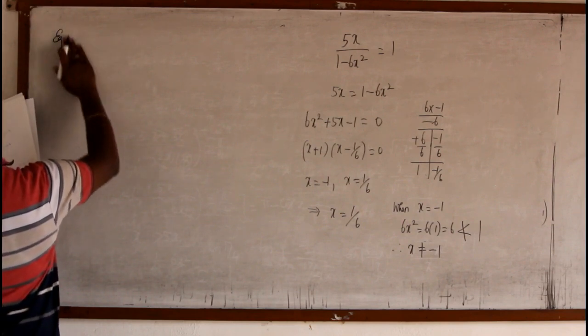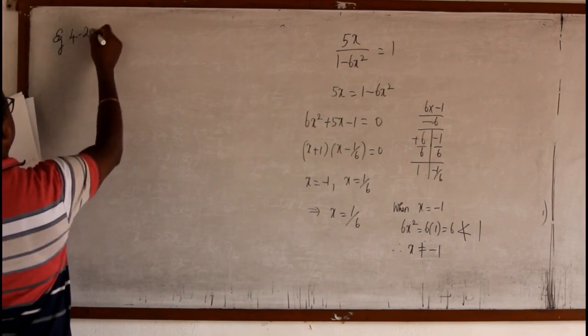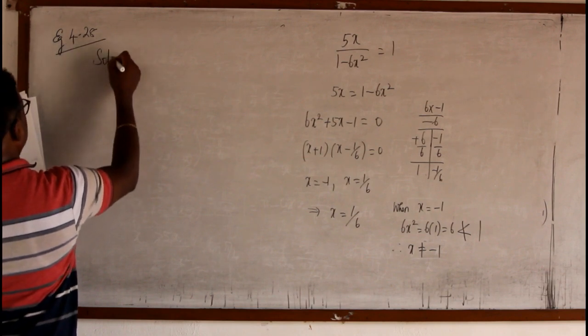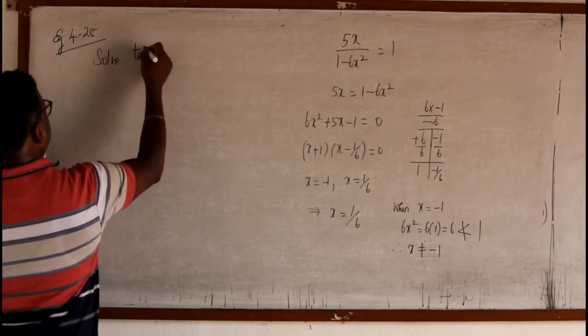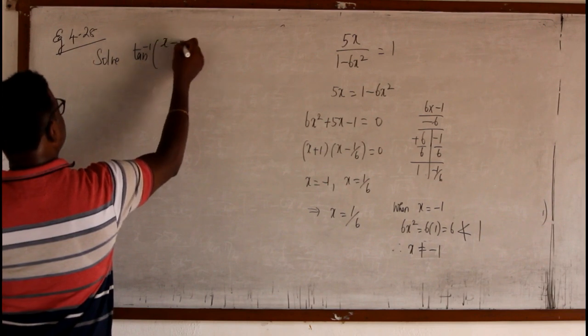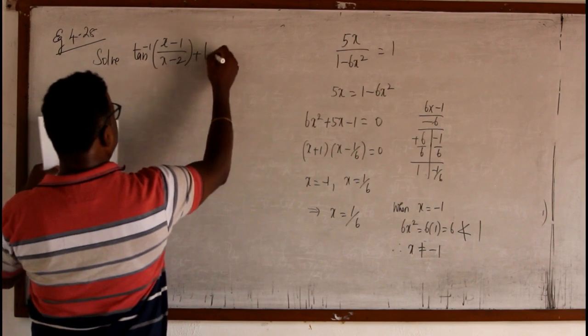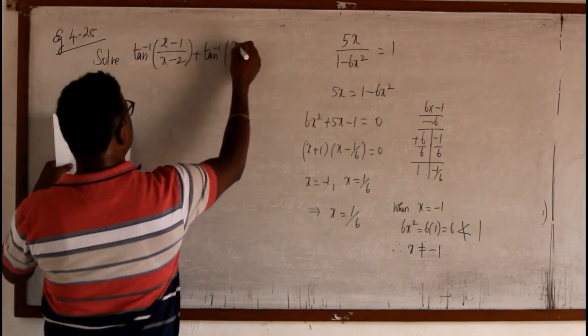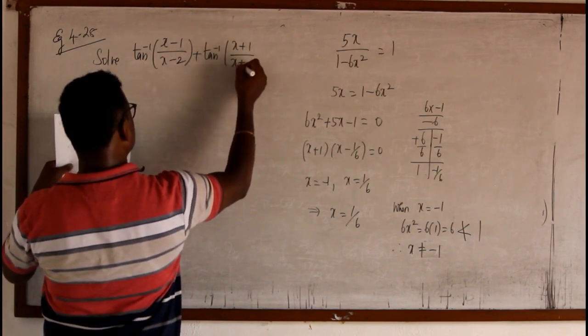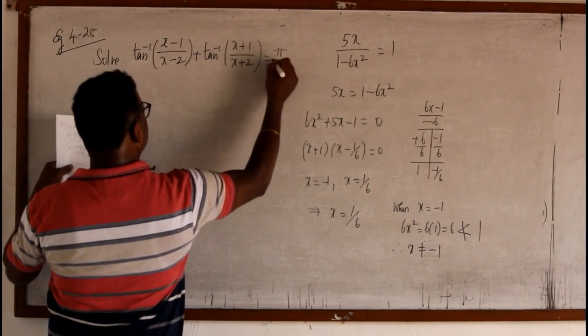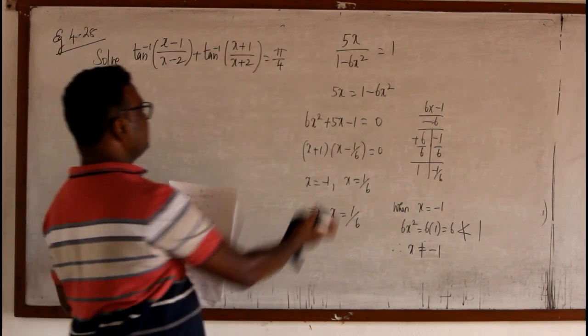Example 4.28. Again solve: tan inverse of x minus 1 by x minus 2 plus tan inverse of x plus 1 by x plus 2 equal to pi by 4. Now let me grab this.